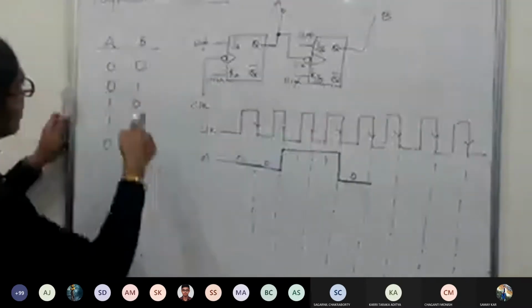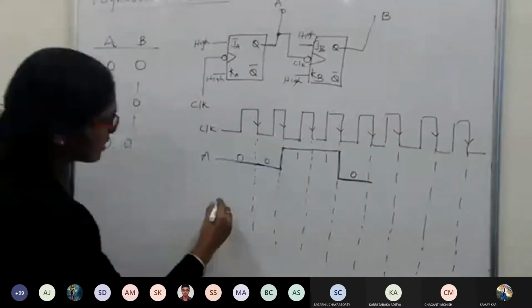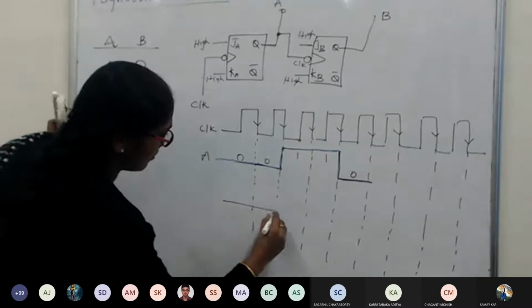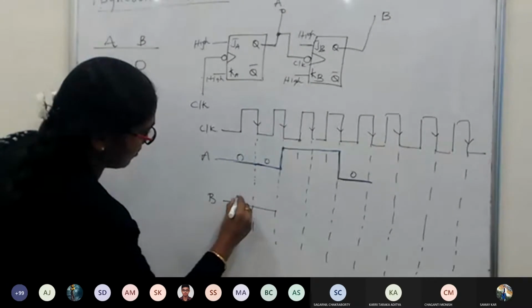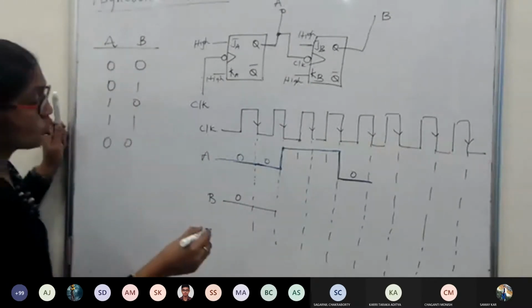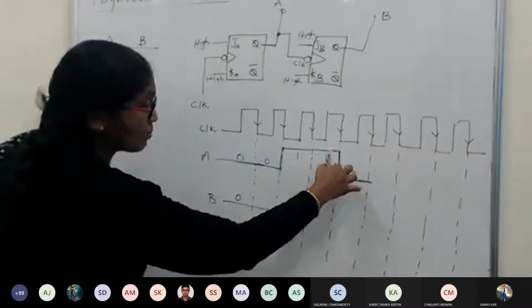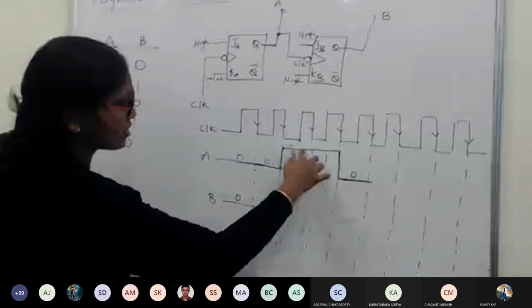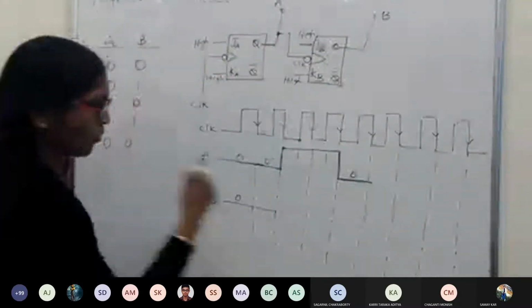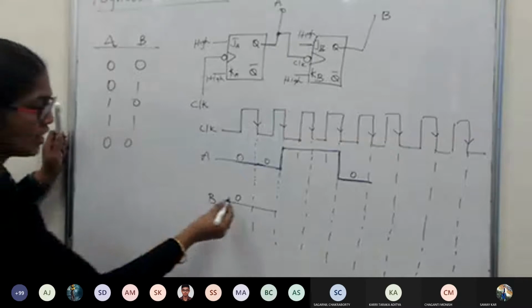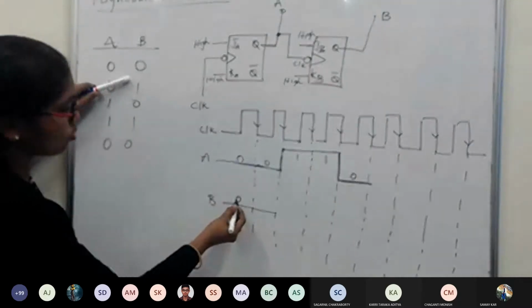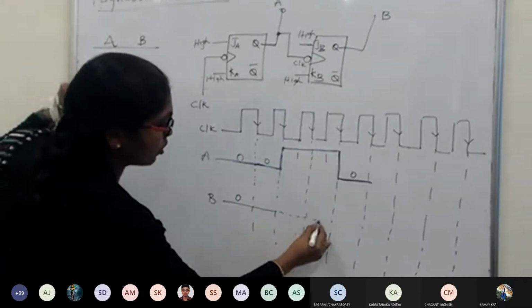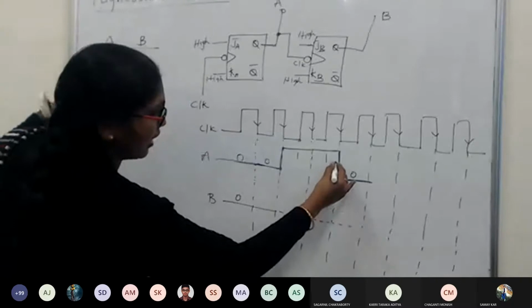So what is A doing? 0 to 1. First it will start with 0. So it will go to 1. When can it go? Only when this particular shift is there. This is negative, this is negative, this is negative. So where will it go? It is 0, then afterwards it has to go to 1, but it will go only at this point.